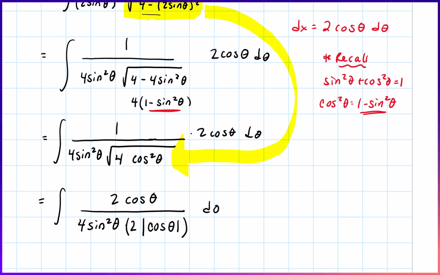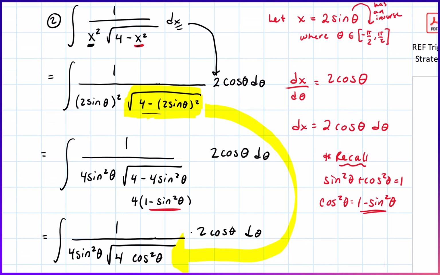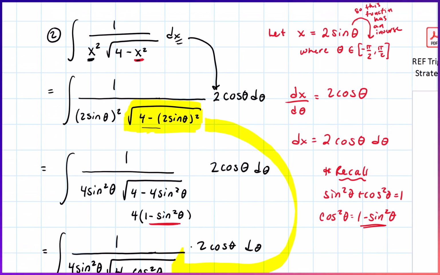Now, it is in absolute value, but the absolute value of the cosine of theta is simply equal to the cosine of theta when theta is between negative pi over 2 and pi over 2. Remember, we have that restriction. In order to make the substitution, we had to guarantee it was 1 to 1.